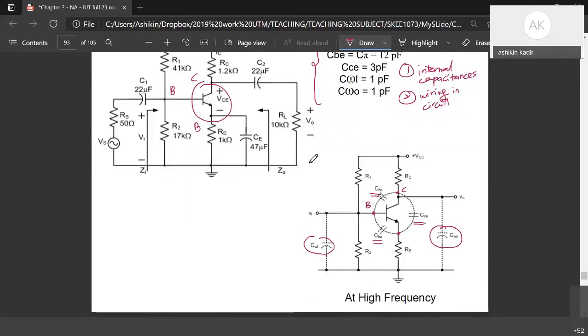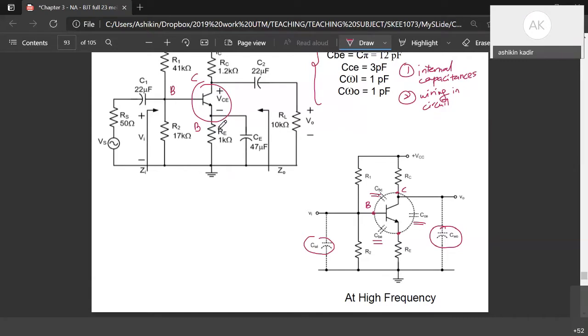Now you need to draw the RE. It is okay because we didn't draw the wiring capacitance at emitter RE and at resistor RE, because for this circuit our input and output is at collector and base.